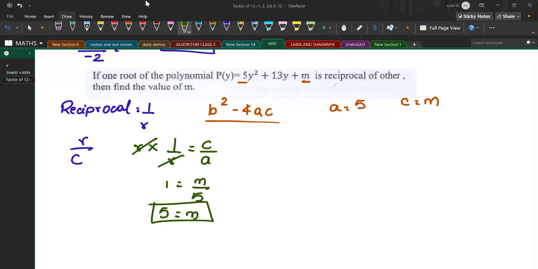Clear? This we have not done. Okay, then there is a theorem which is coming here. Let's get started with the next question now. This is clear.